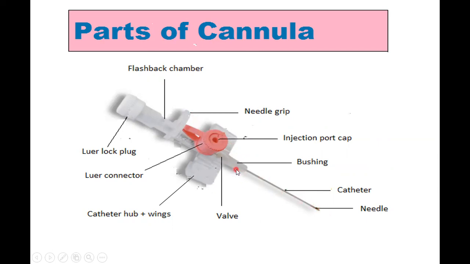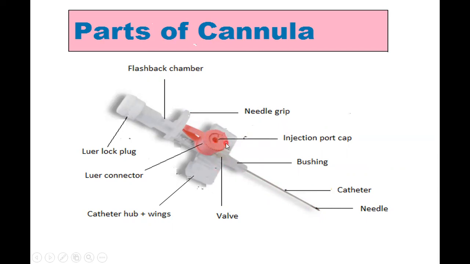This is a needle, and the needle is often a metallic rod, but it is surrounded by a plastic or polyethylene catheter. So we have the catheter over the needle. Then this is the bushing, and this one here is the injection port.